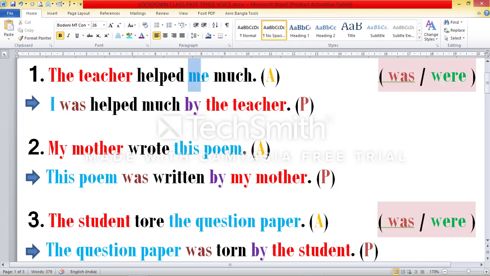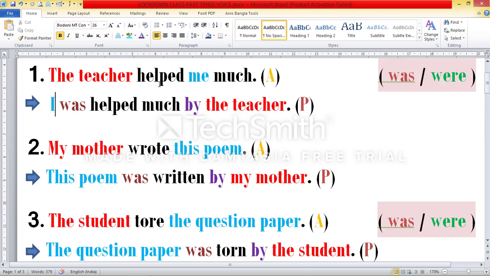So, me here, this is the object. And in this sentence, the teacher, this is the subject. After finding out the object in the sentence, we have to make it subject. So, the subject form of me will be written here as subject, that is I.